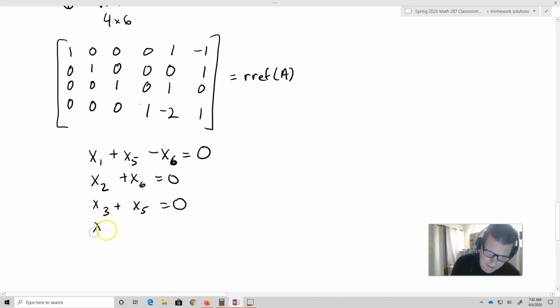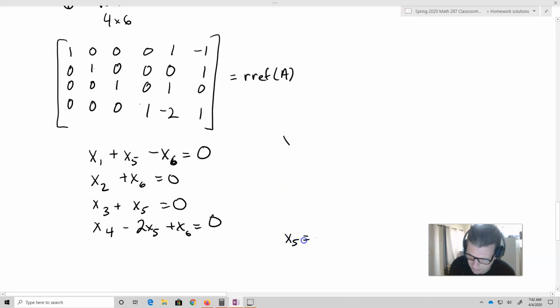And then x4 minus 2x5 plus x6 equals 0. Now we'll state that x5 is our first free variable. We'll let that be s, and we'll let x6 equal t. Just create any variable that you'd like there.